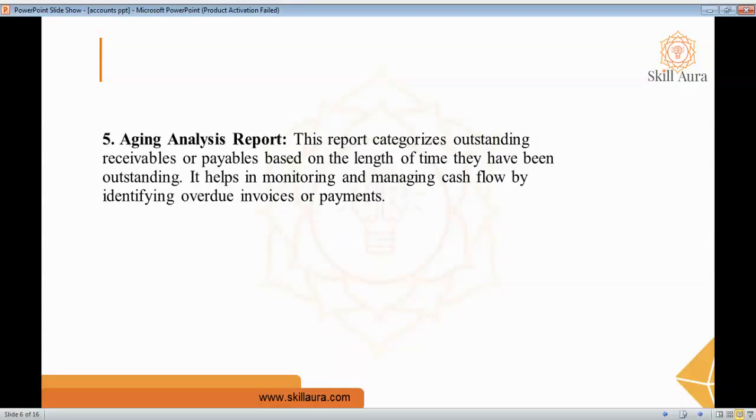So the number of invoices in 0 to 30 days of age group with 1 lakh invoice amount will be 5, and number of invoices for 31 to 60 days with the amount 75,000 will be 3, and for 61 to 90 days there will be 2, and 91 and above will be 25,000.